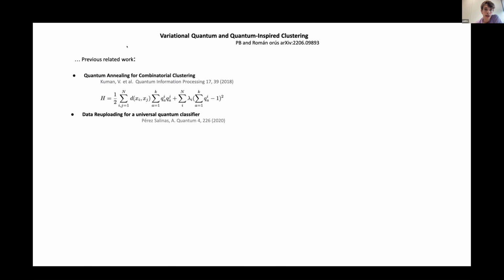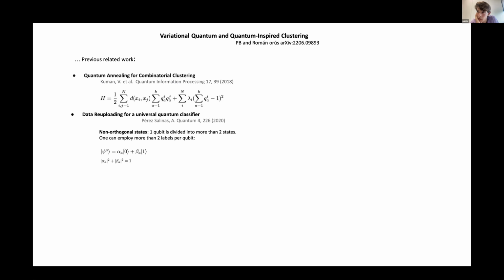From here, we took the idea of a distance-based clustering method. We wanted to translate that into a quantum circuit, and in order to do that, we took some ideas also from this data re-uploading paper. This paper is really cool. It introduces two, for me, novel ideas.